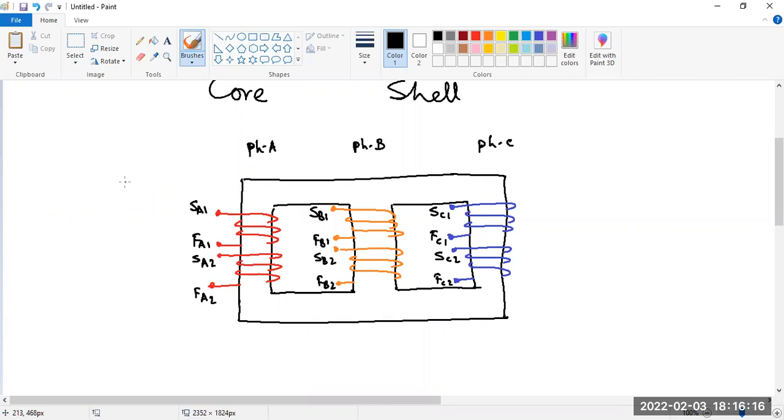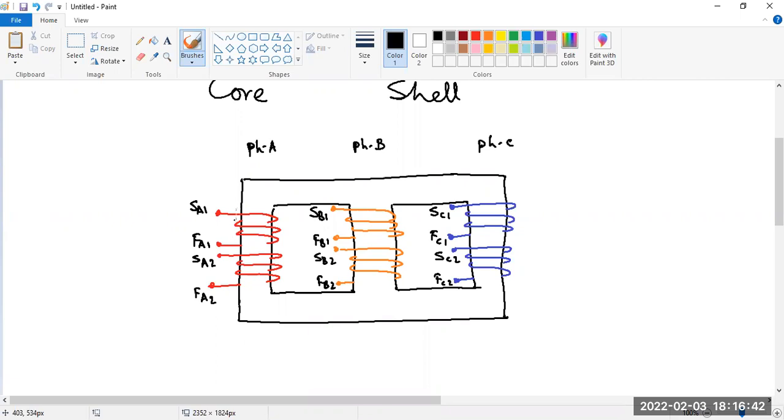If you cut at any point, you will get 4 terminals, which will be easily accommodated in a single phase transformer, because a single phase transformer also has 4 terminals. Got my point? Yes, sir. But here the thing is a little different. Here we have 12 terminals, but we have to reduce it to either 6, 7, or 8 terminals.